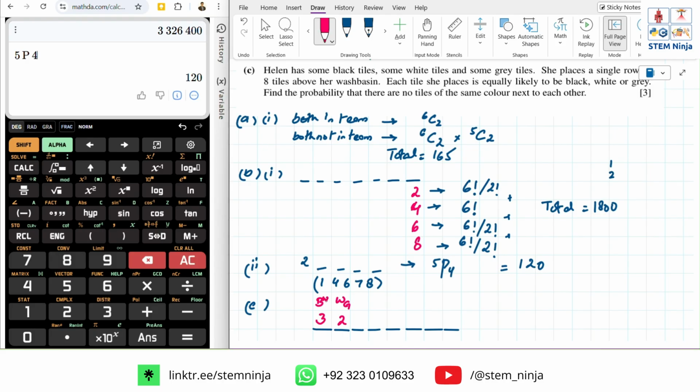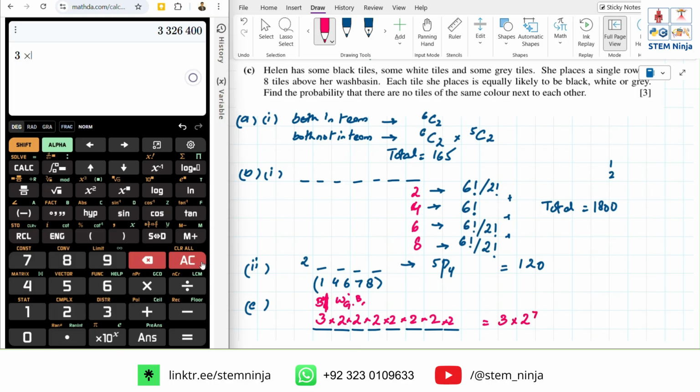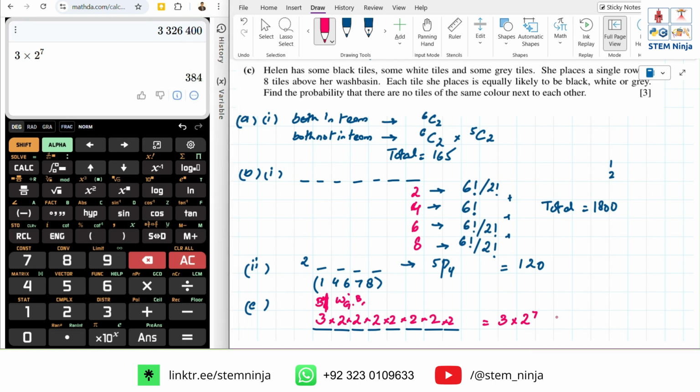Then if you have chosen white, you can have either black or gray. So basically, you still have two choices each time. So you will need to multiply these: 3 times 2 raised to power 7, that is 384. And this is for same colors not together.